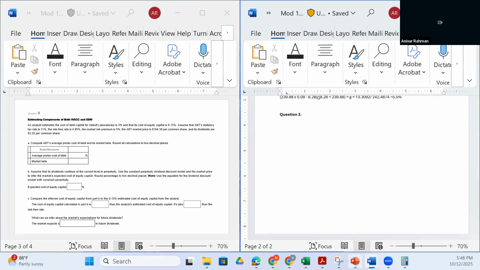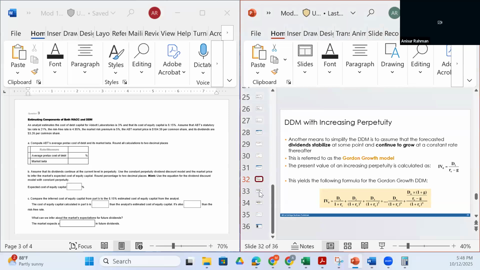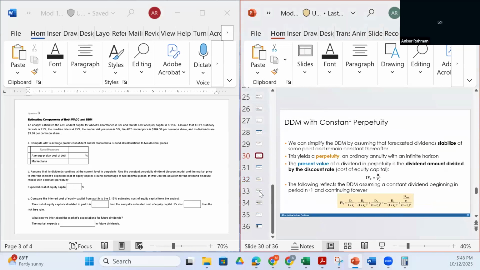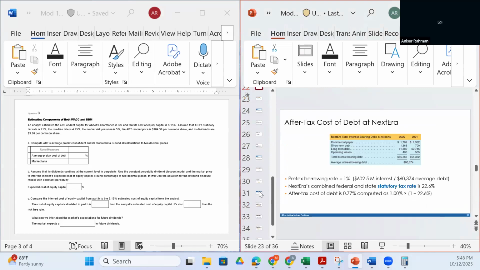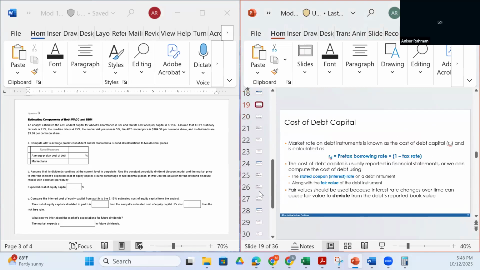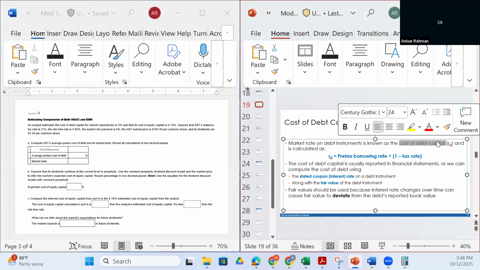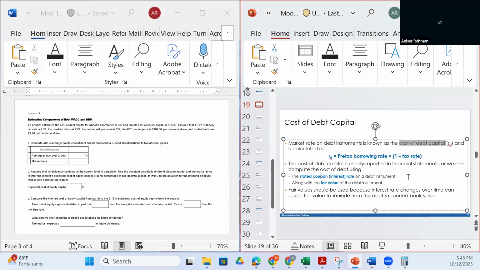So pre-tax cost of debt. When we talk about cost of debt capital, it is defined on an after-tax basis and represented by this variable RD.